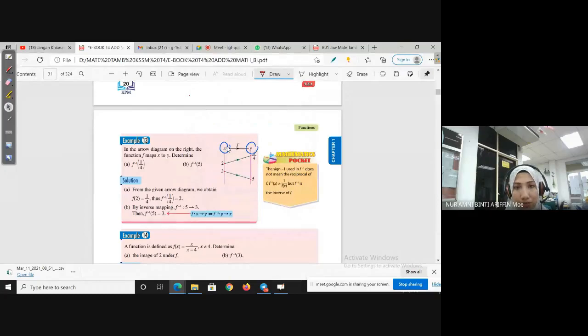So from the given arrow, we obtain that, dia tanya you inverse function of 1/4, so the answer is 2 lah. And then for f inverse function of 5, the answer is 3.